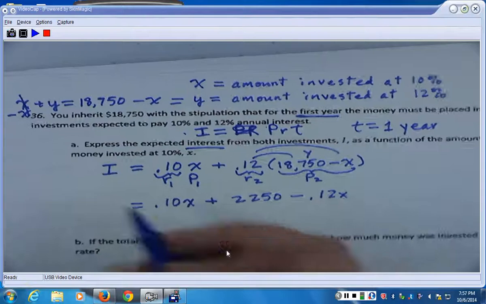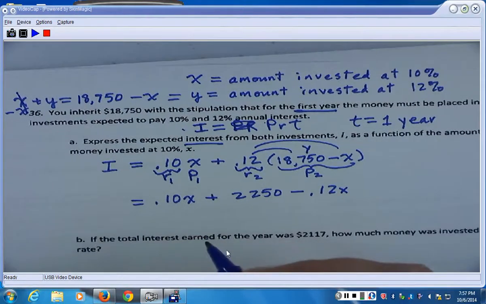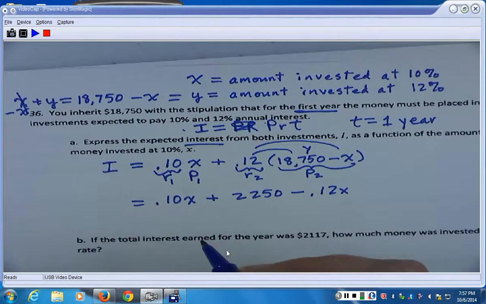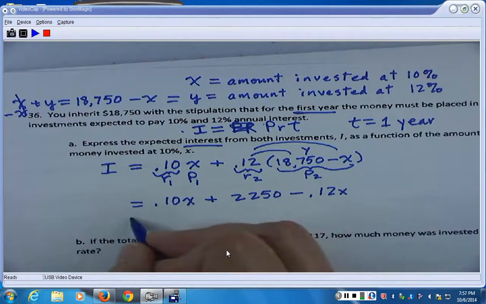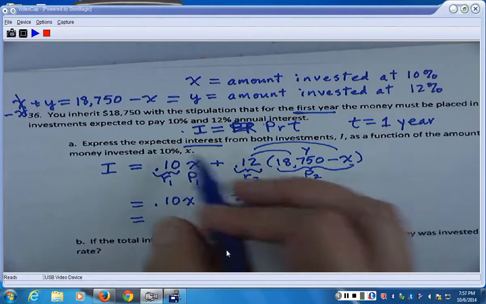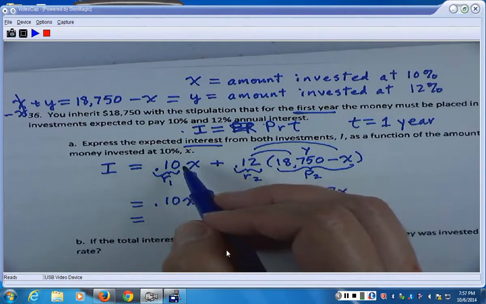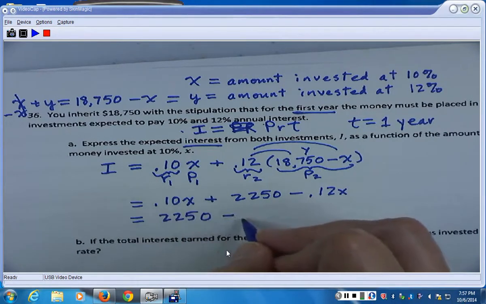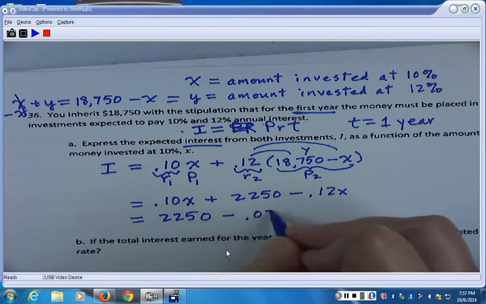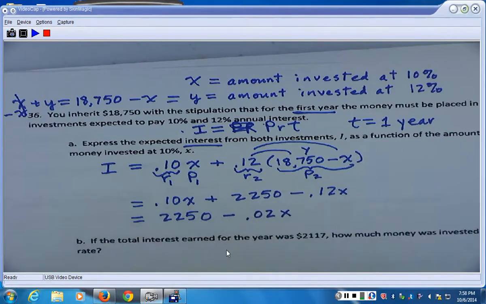Now I'm going to, wait a minute, did I finish that? I finished that one. I'm already working on the next one. Oh, that's a function. All right, well, I'm just simplifying this: it is 2250 minus 0.02x, right?